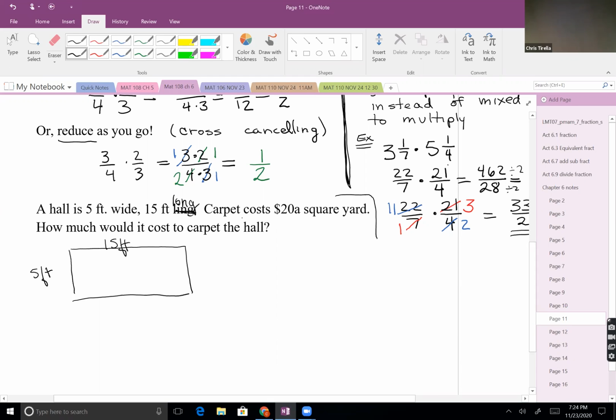But we know the cost of our carpet in square yards. And so I think in order to find this price, we'd have to try to think of those feet as yards.